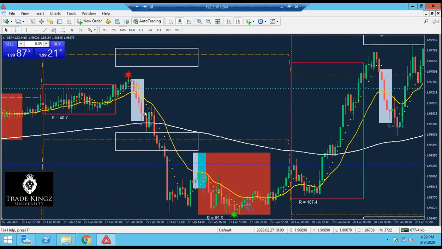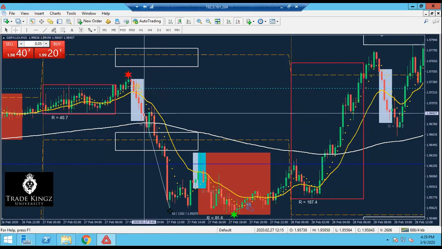You could have got in right here. Your pullback would only have been, I don't know, 8 or 9 pips. And look at this, 125 pip, 130 pip move for that day.